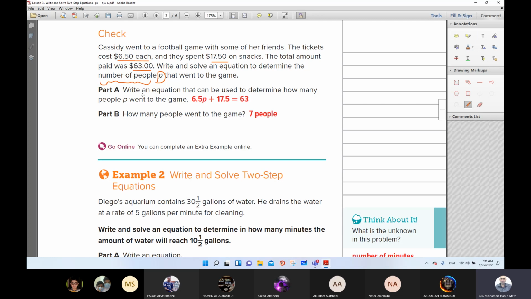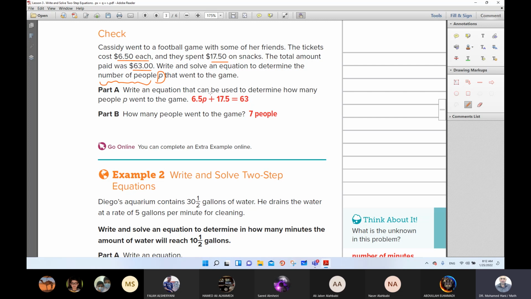So at first, we want to write an equation that can be used to determine how many people went to the game. As you see, we have here 6.50 each person. Each means we use the variable, the unknown value. So write 6.50 times p, the number of people, plus 17.50, the amount spent on snacks, equals the total, which will be 63.